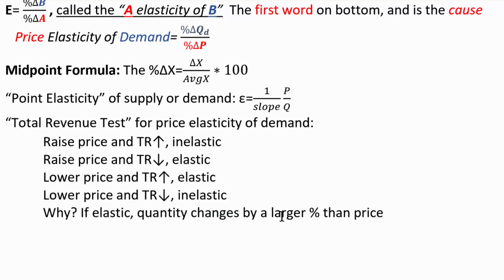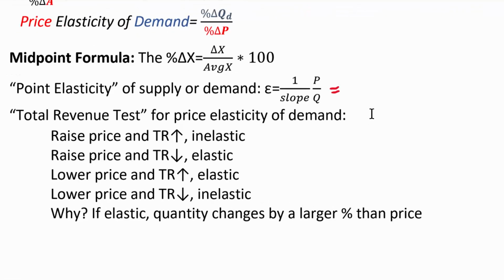So the point elasticity says that you can calculate an elasticity, and this works for supply or demand curves, as 1 over the slope of the supply or the demand curve as we graph it times the price over the quantity. In this case, the slope was negative 0.5, so 1 over negative 0.5 times price over quantity.